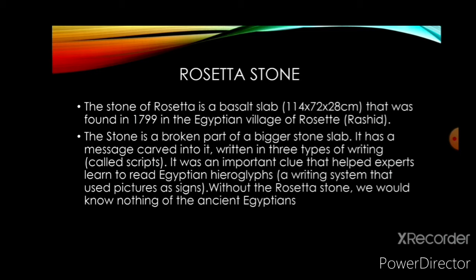It has a message carved on it, written in three types of writings called scripts. It was an important clue that helped experts learn to read Egyptian hieroglyphs, a writing that used pictures as signs. Without the Rosetta Stone, we would know nothing about the ancient Egyptians and their development of mathematics.